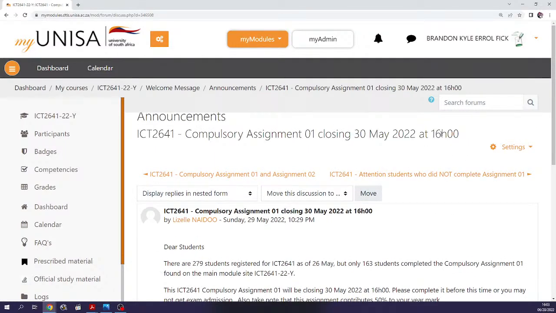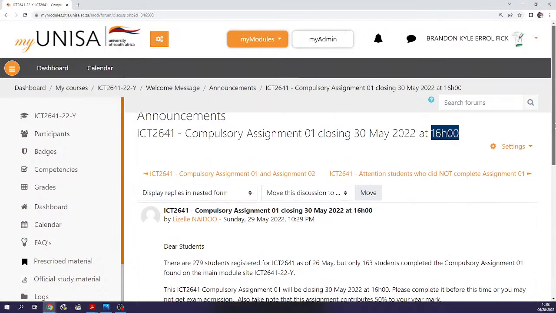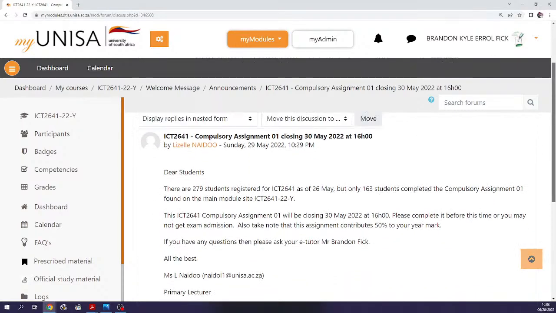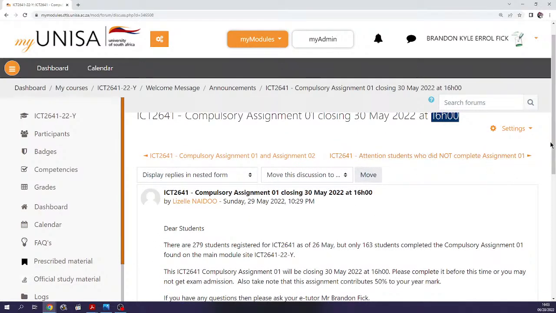I got so many emails from students saying, no, I assumed that the time was midnight. This announcement is right here. Please don't send me emails saying otherwise, please. This was made on Sunday the 29th, so the day before.